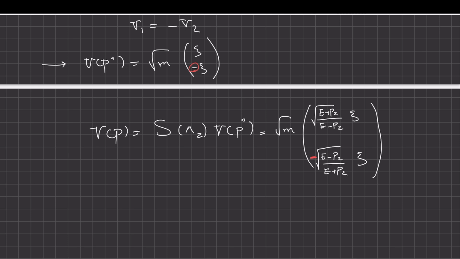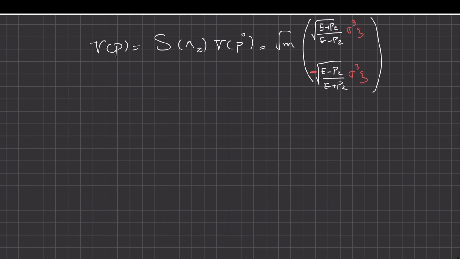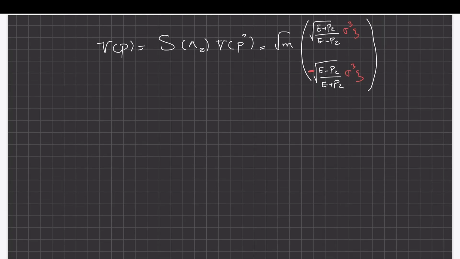So I'm gonna put this sigma 3 behind the Kisai term. So that means that there is this matrix acting on Kisai.